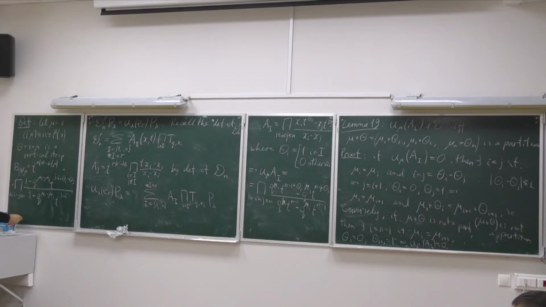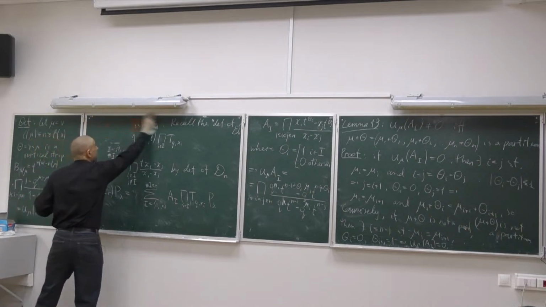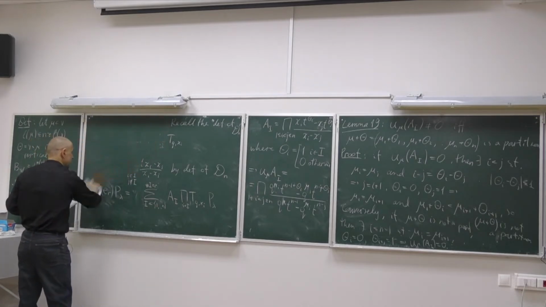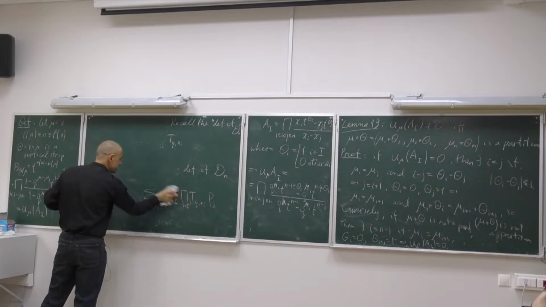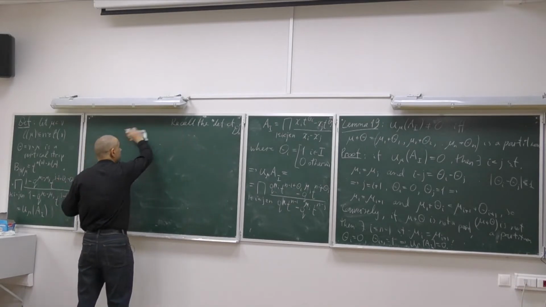And this is just the evaluation of a_I, where I is the set corresponding to this vertical strip.